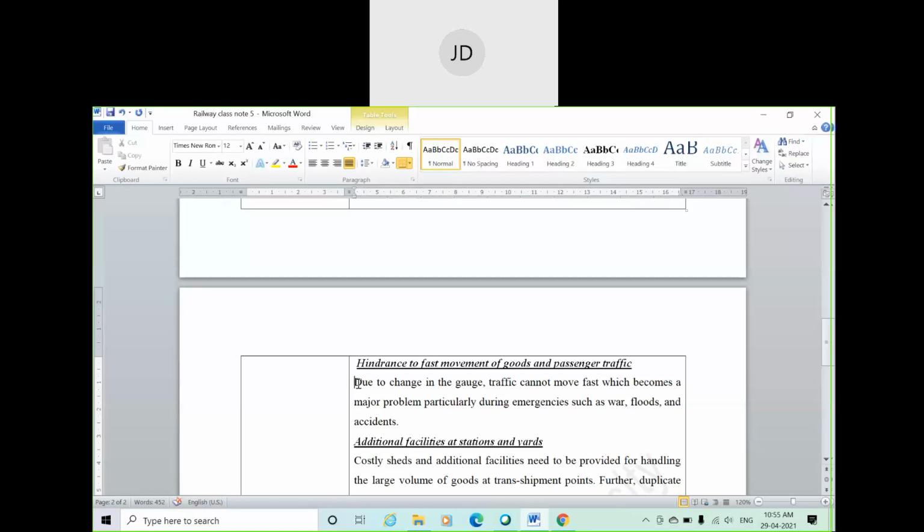During an emergency, when you need something in a much quicker time, the multi-gauge system becomes a very big problem because it wastes your time, and at that time, time is very valuable.